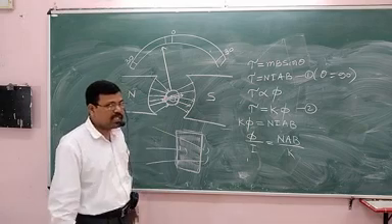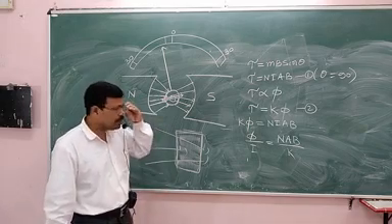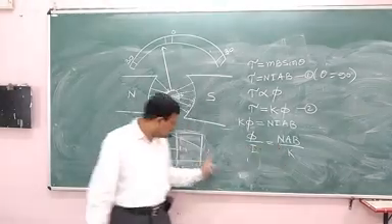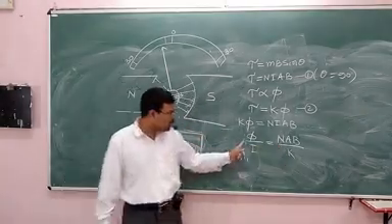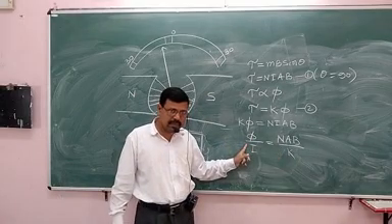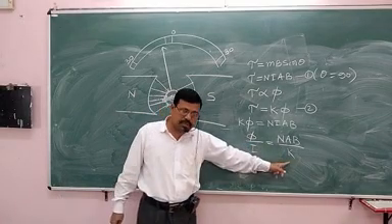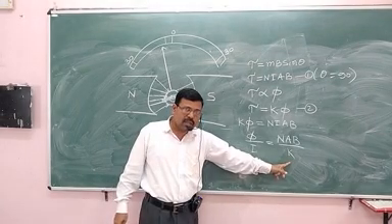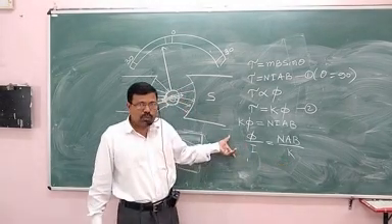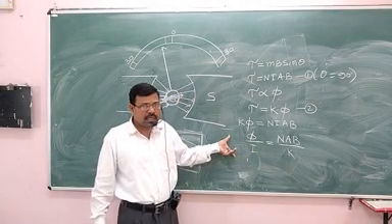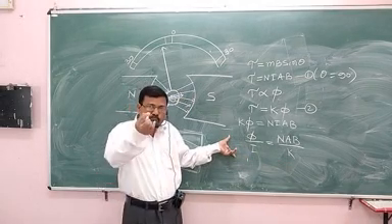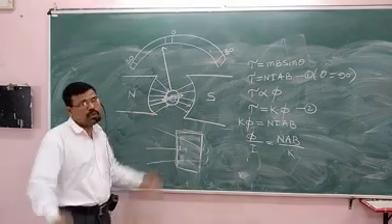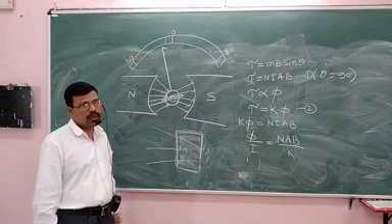Always it experiences maximum torque. Fine. If the number of turns in the coil is doubled, current sensitivity gets doubled. Current sensitivity is inversely proportional to spring constant. The smaller the spring constant, the larger the current sensitivity. That means even a small amount of current can be detected using this moving coil galvanometer.